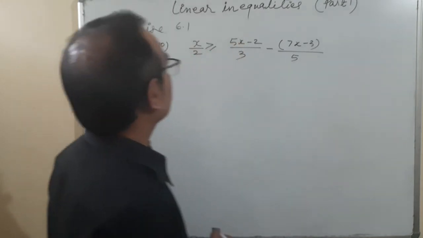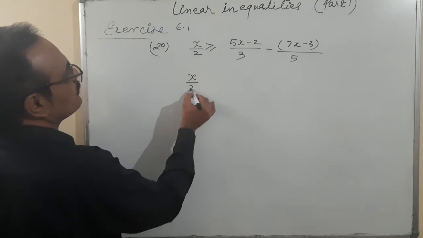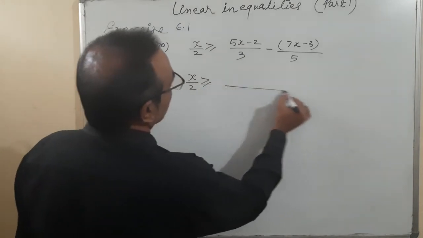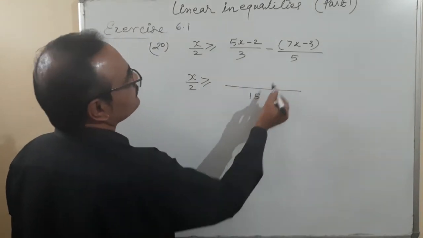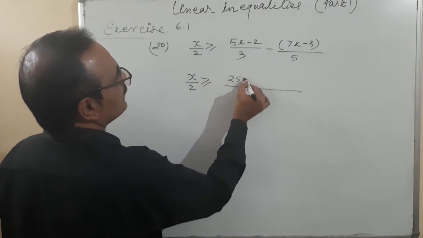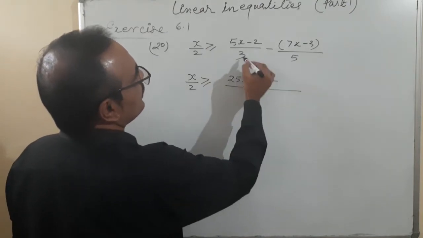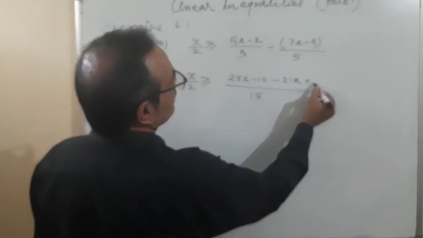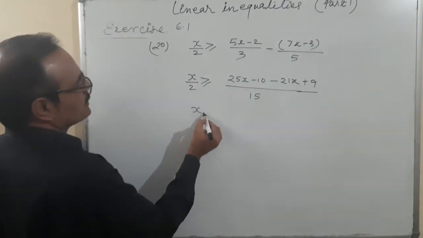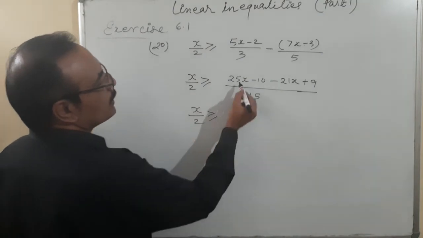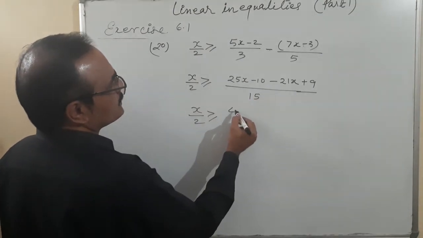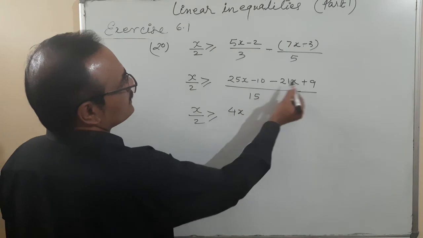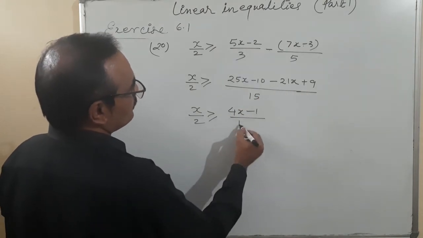X upon 2 is greater than or equal to, LCM of 5 and 3 is 15, so 25x minus 10 minus 21x plus 9, upon 15. That is 4x minus 1 upon 15.